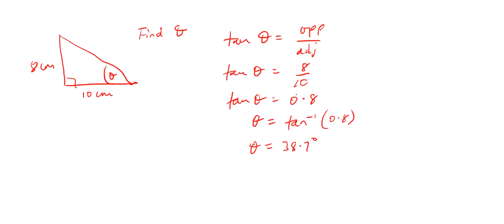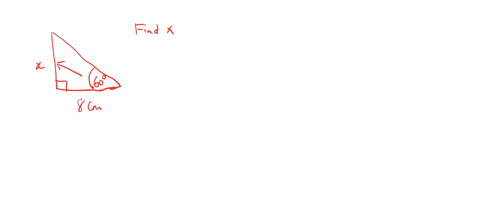Okay, so again we use the calculator, or we can use the three-figure tables. And our last example, we want to find x, and in this case we have opposite, which is what we want to find, and we have adjacent, so therefore we're using tan again.